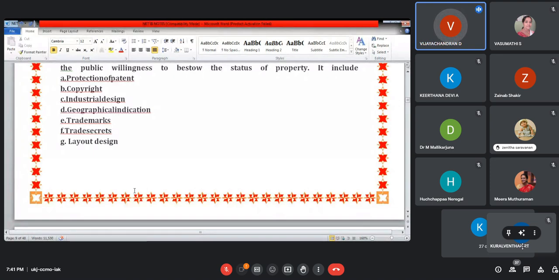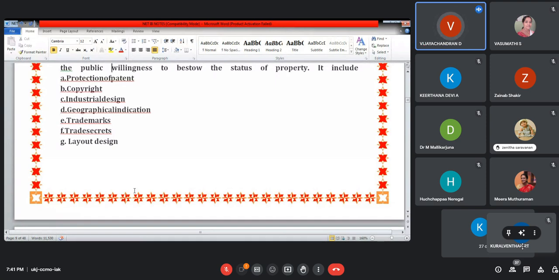And industrial design, the layout. Geographical indication means what? The product will be produced only in that area, and will not be produced in other areas, so that right will be there.